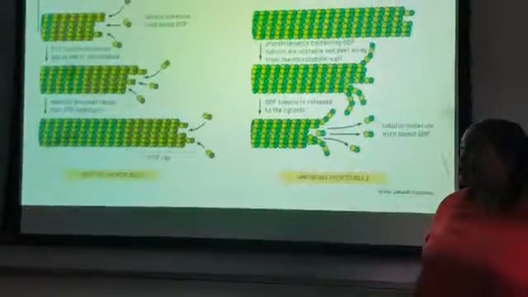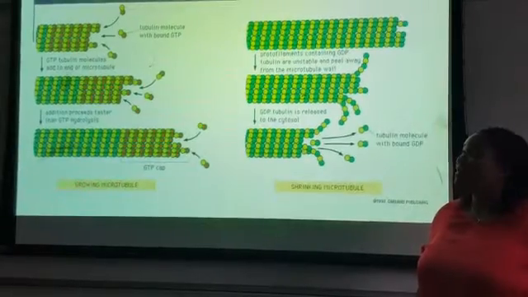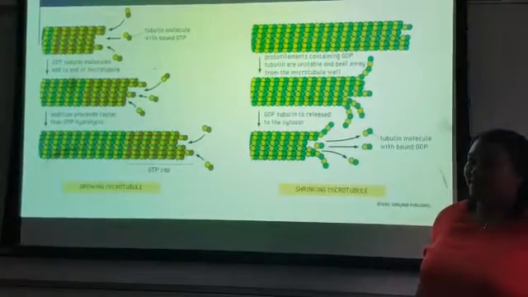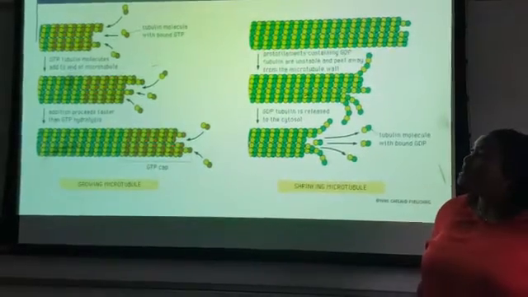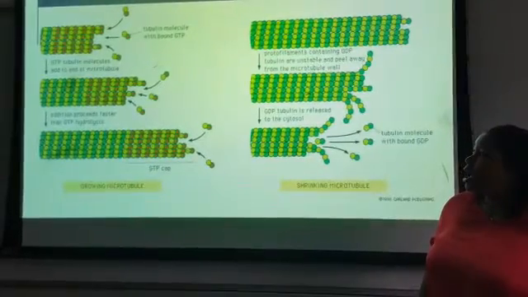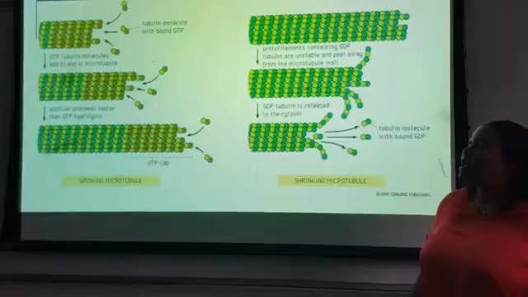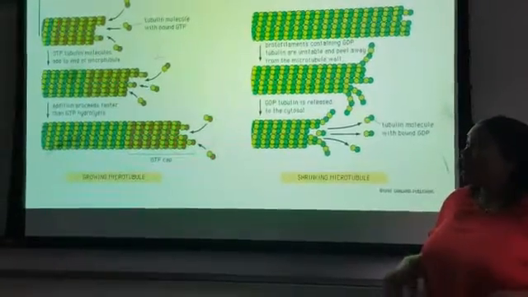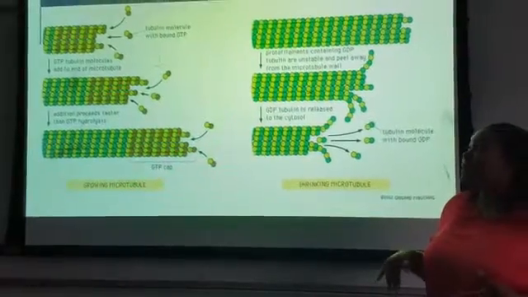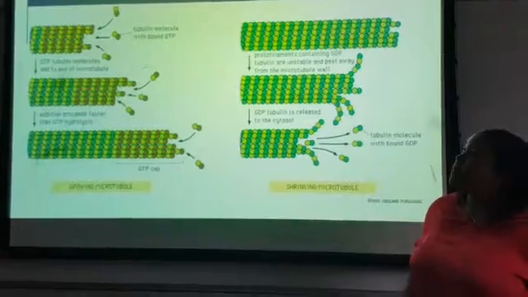I'm going to explain to you the dynamic instability of the microtubule that is driven by GTP hydrolysis. Tubulin dimers carrying the GTP, which is red, are bound tightly to one another, more than the GDP dimers, which are dark green.